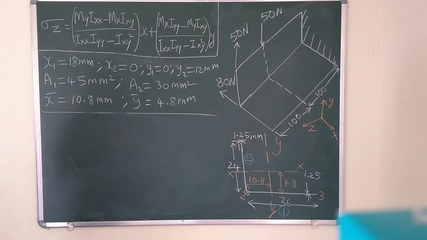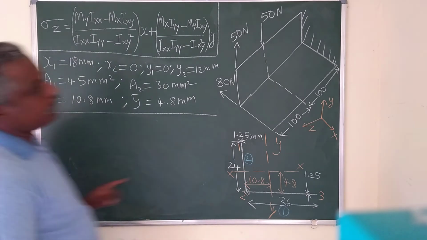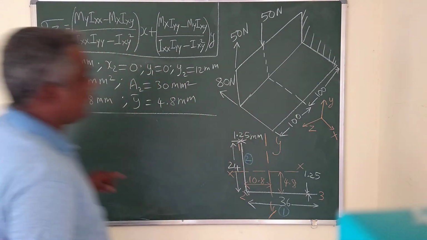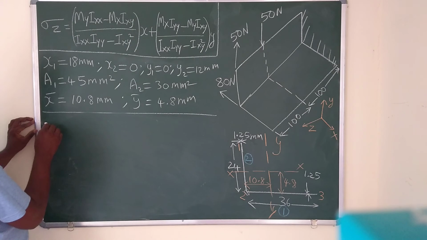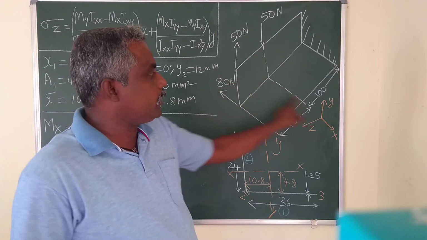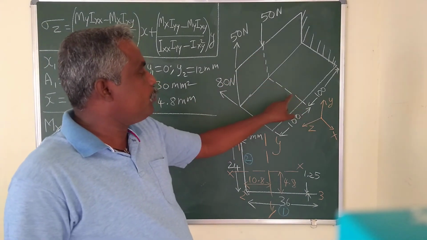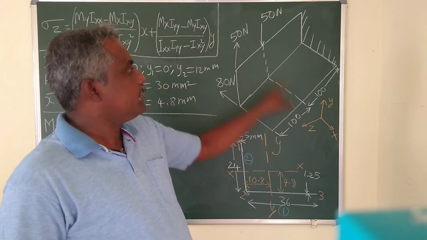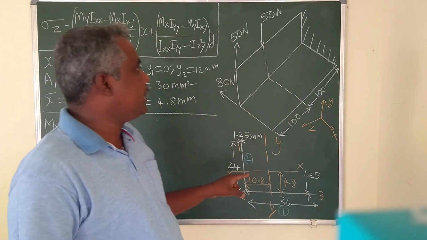Now let us calculate, for example, the loads which are acting in y direction, that is supposed to produce bending moment about x-axis. So mx is equal to mx. Now I am taking moment with respect to this dotted line, that is nothing but the moment at the mid span of the beam.